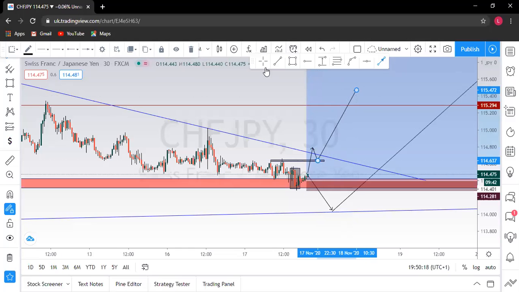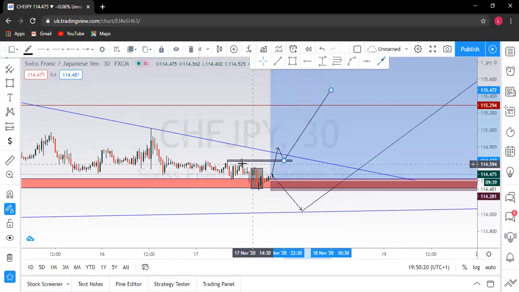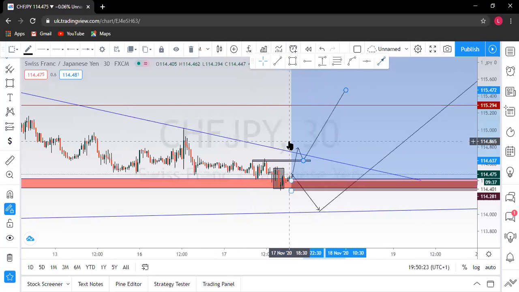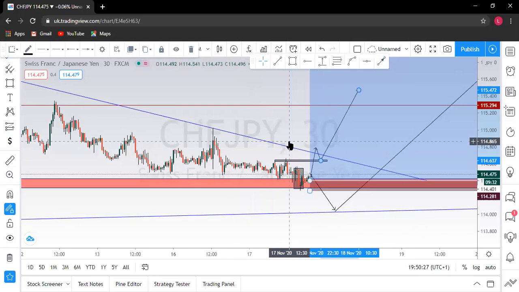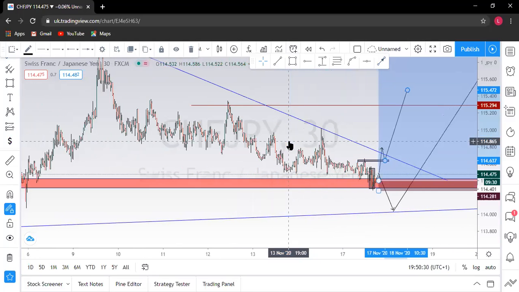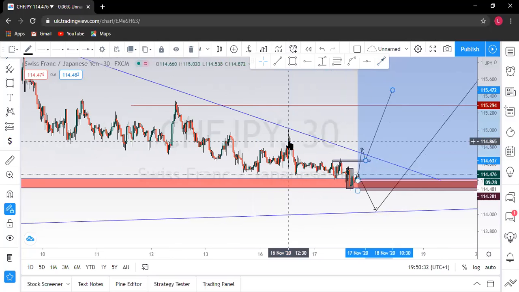So you understand? We can wait for the break of this structure before we actually buy JPY. I hope you understand what I'm talking about. Then this will be the end of this session.